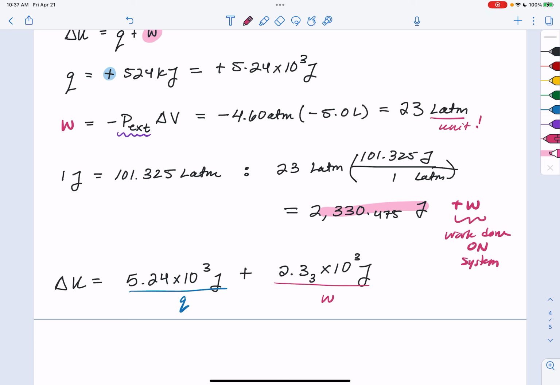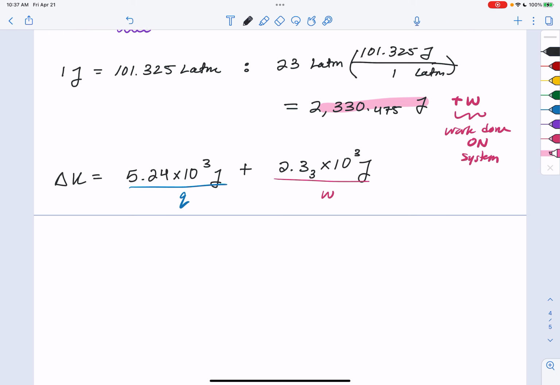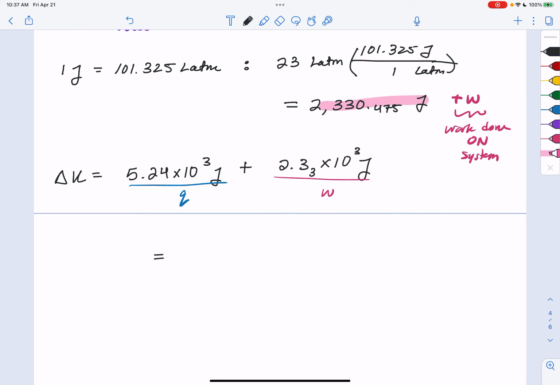I am dropping a comma in my calculator. 5,240 joules of heat plus 2,330.475. Again, we're using our unrounded values to get our actual quantity. Okay, now putting this back into joules.